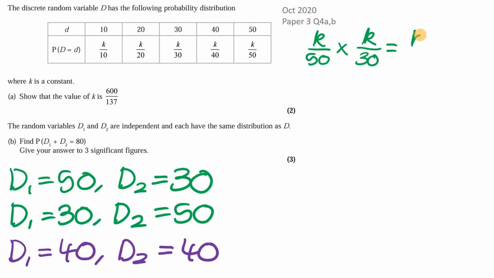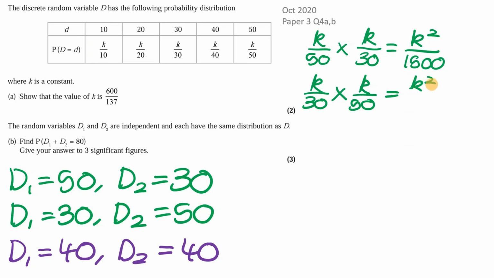So this here is going to be k squared over, and then 50 times 30 is 1,500. Let's consider this second scenario. The probability that d1 is equal to 30 is k over 30, multiplied by the probability that d2 is equal to 50, which is k over 50, and this is the same as above. This is k squared over 1,500.